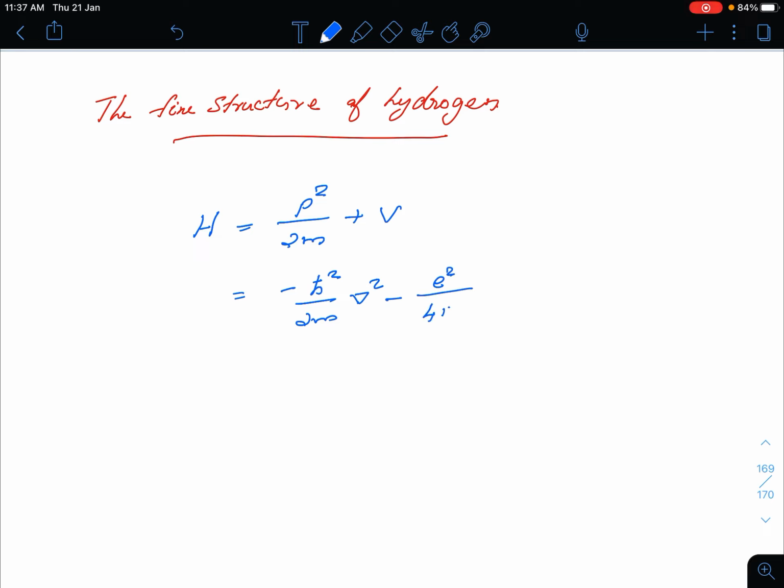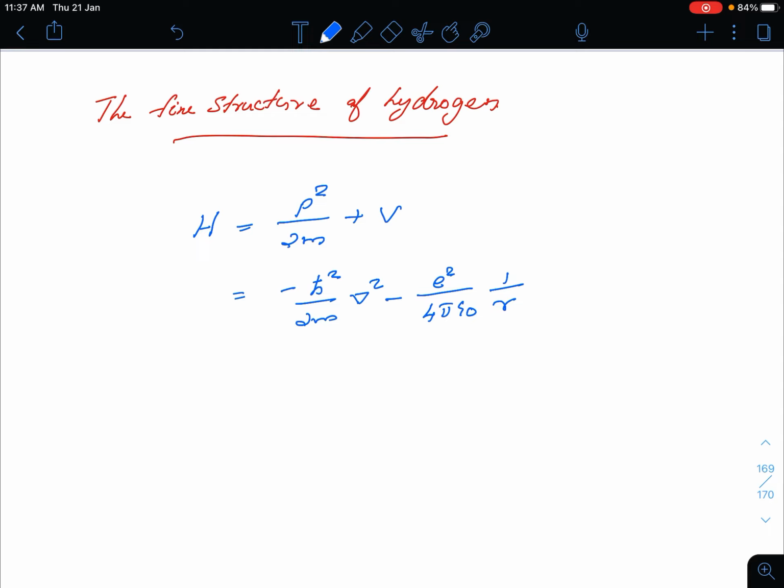The charge of the proton is e and the charge of the electron is minus e, so it is minus e square by 4 pi epsilon 0 1 by r. This is the total Hamiltonian of the hydrogen atom which we have so far considered.